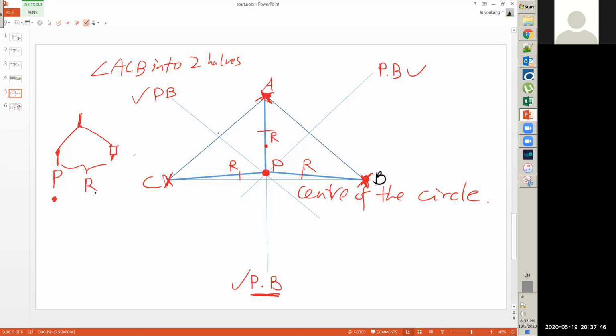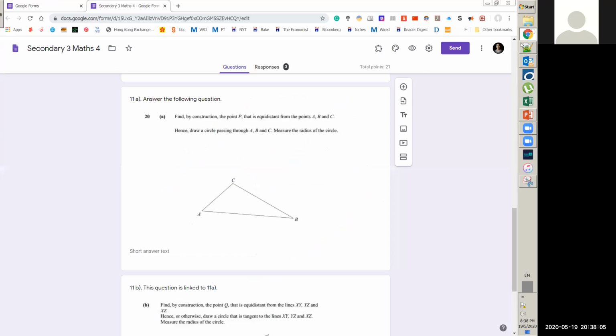Then you just park it here and start to draw, something like that. Do you get what I mean? Okay, so then you will get your circle. So I have answered the second part of the question, where you are asked to draw and measure.